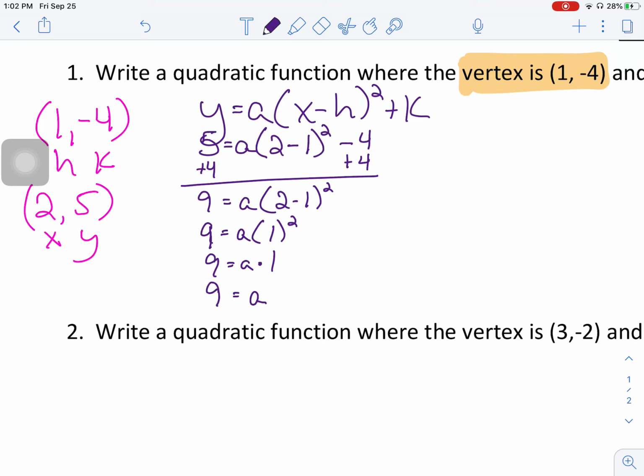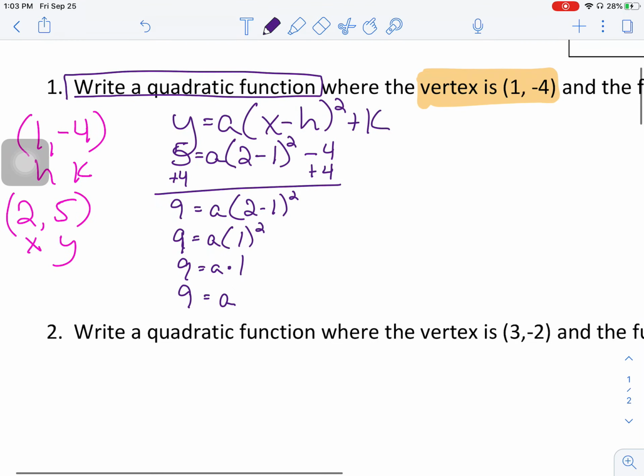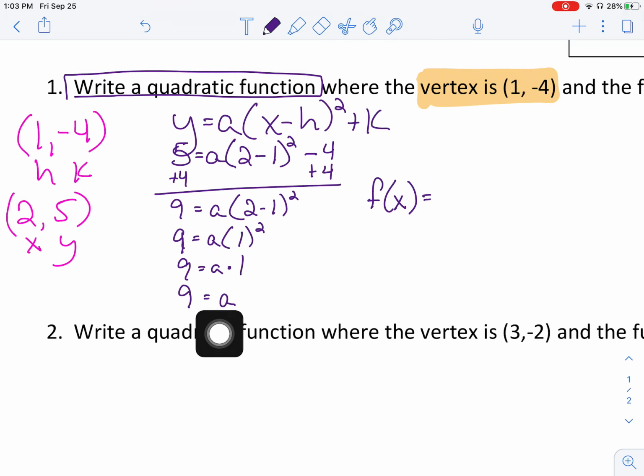Back at the beginning of this problem, it said write a quadratic function. So I'm going to use function notation for this instead of using the variable y. Function notation f of x is equal to, now I know what a equals, so I'm going to use that a value: 9 times (x minus 1) squared, and then minus 4.